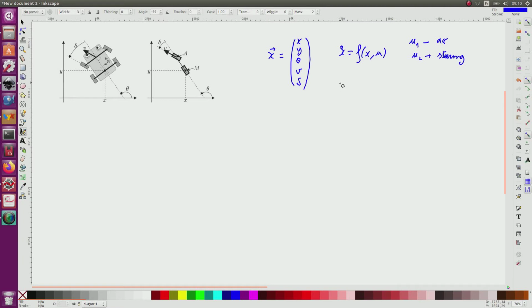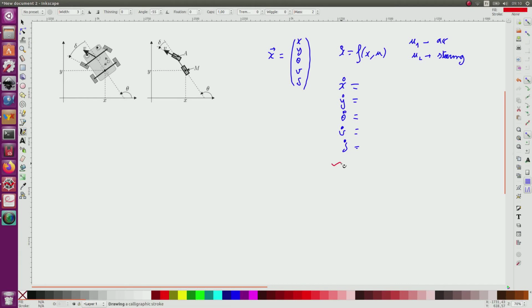So I should obtain something like x dot equal, but take care of the difference between x the state and x here, which are different. Here x is the state, but here I will obtain something like y dot, theta dot, v dot, delta dot.